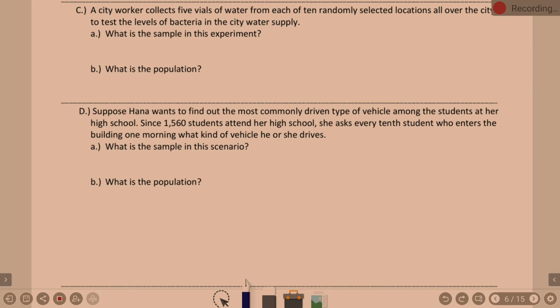Population and sample. Population being all of the city. Okay, so we're here trying to determine the bacteria in the city water supply. Population being the whole big group, so the city's water supply. I can go ahead and fill that in.